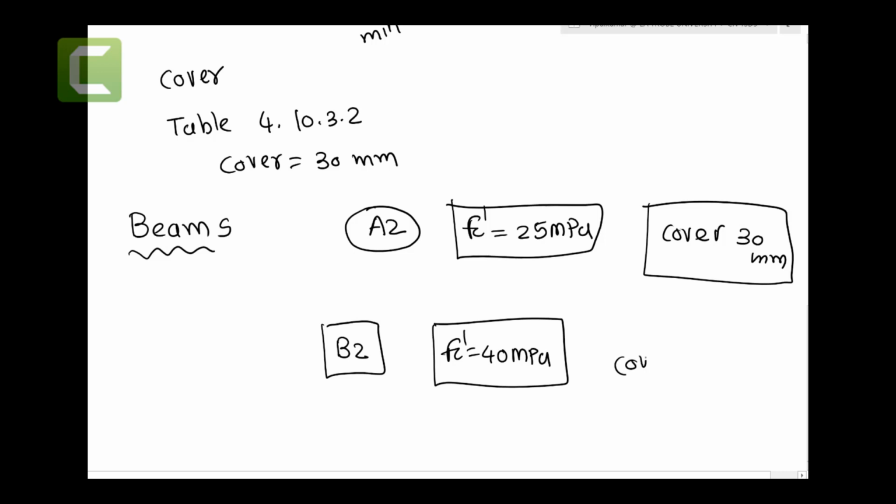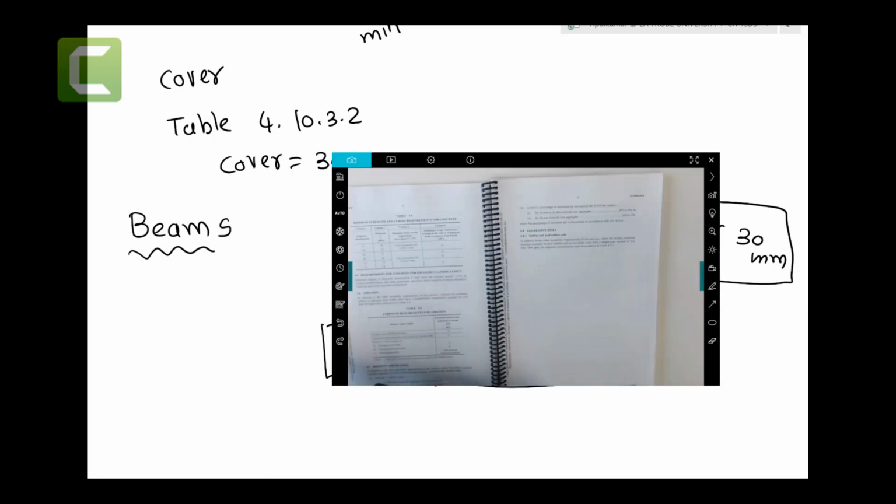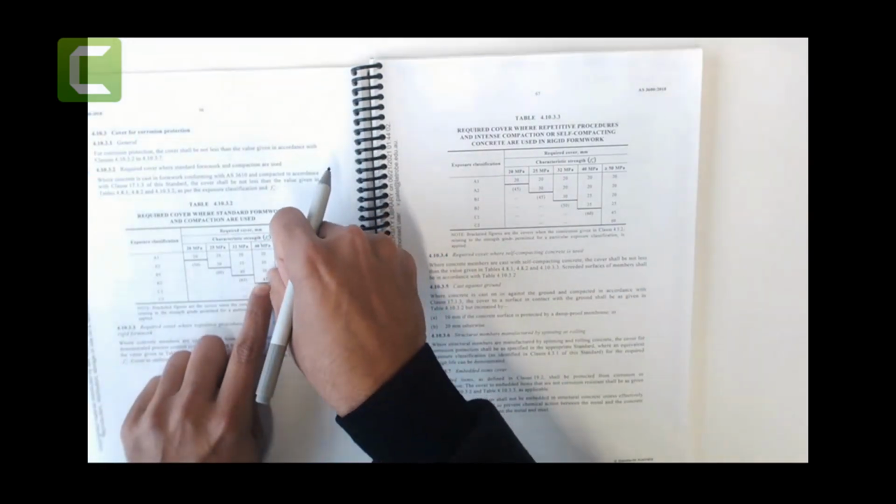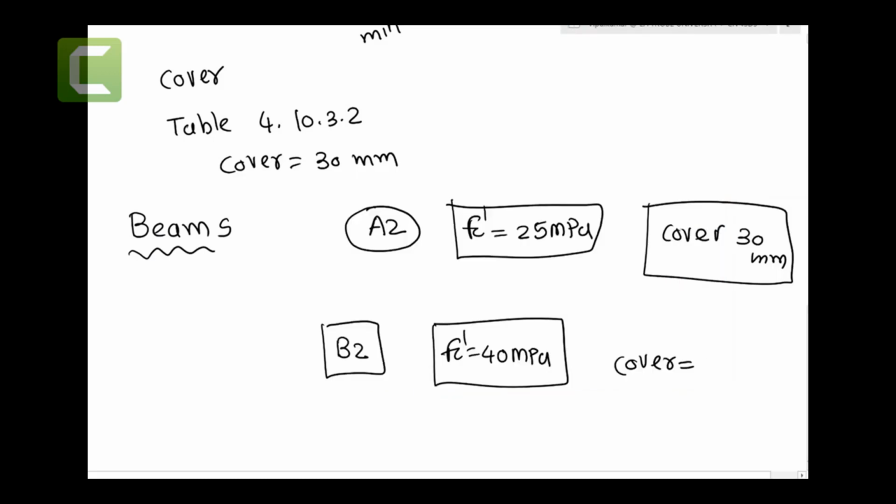The cover that we need for B2 with 40 megapascals, we need to specify 45 millimeters. So I hope it is clear for you.